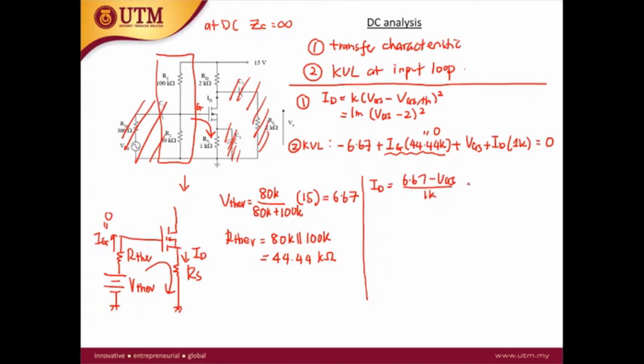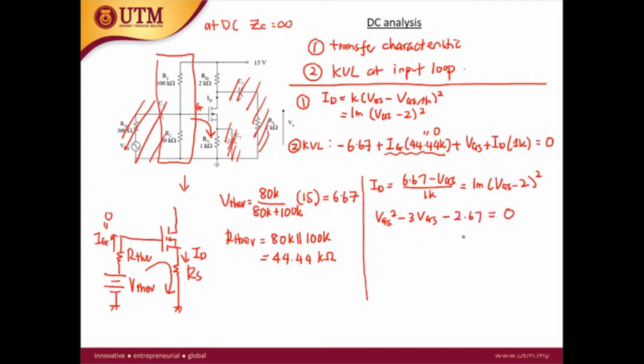This is from the second equation, and it is equal to the first equation, which is 1 milli times (VGS minus 2) squared. When you solve this, you get the quadratic equation VGS squared minus 3 VGS minus 2.67 equal to 0.